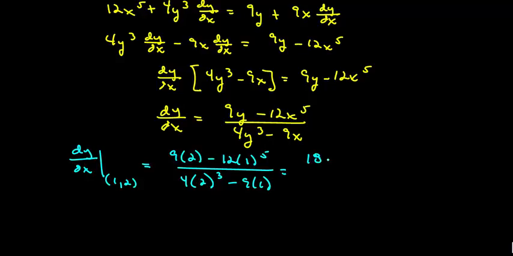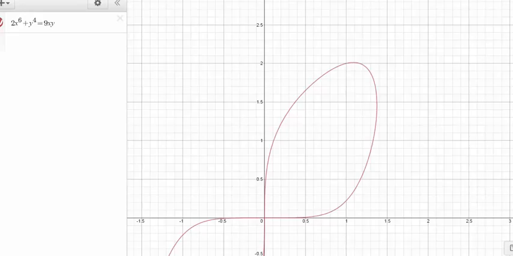So that'll be 18 minus 12 over, this is going to be 8 times 4 is 32 minus 9. So 18 minus 12 is 6. 32 minus 9 is going to be 23. And so now what we've got is 6/23 is the slope of this line right here.